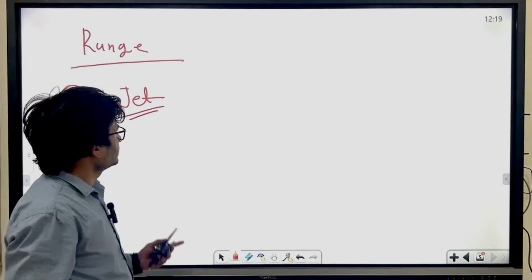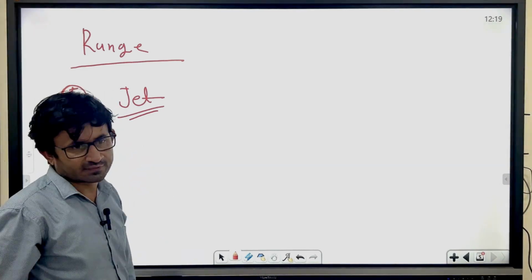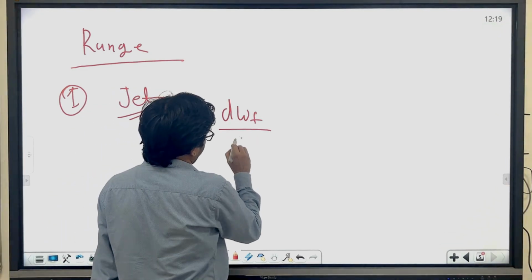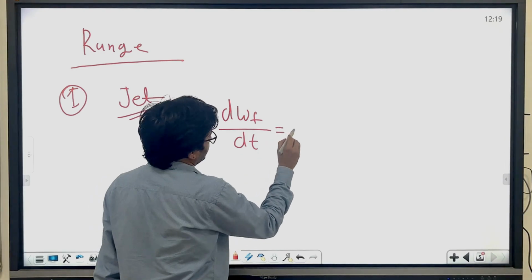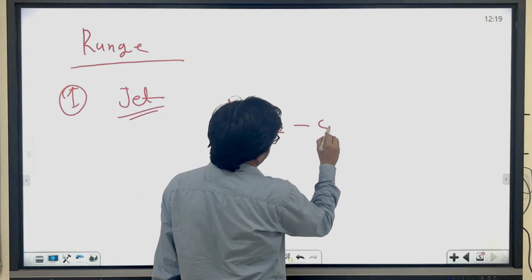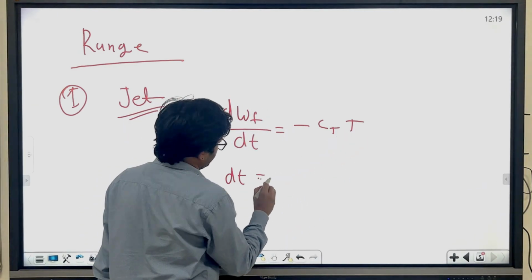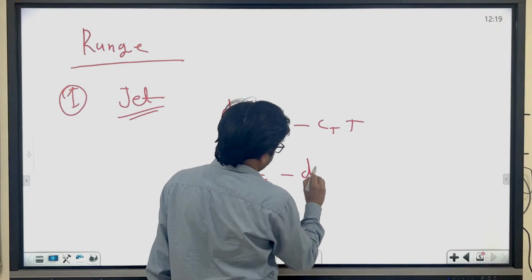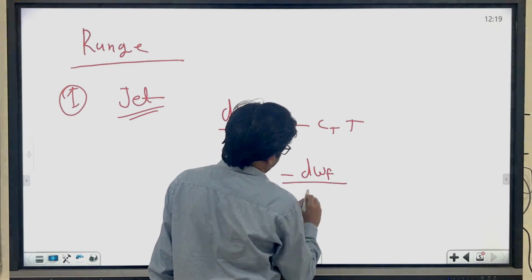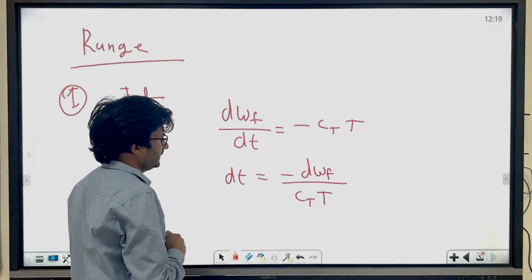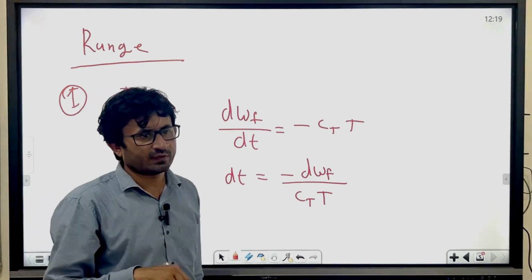So for a jet engine case, we will cover, right? We'll start with dWf by dt, which is minus Ct into T, again dt, minus dWf into Ct into T, and if you multiply with the time, what you will get?